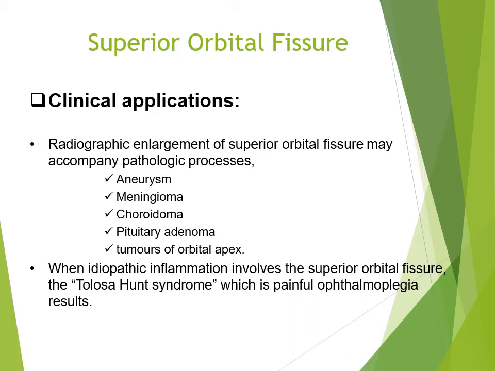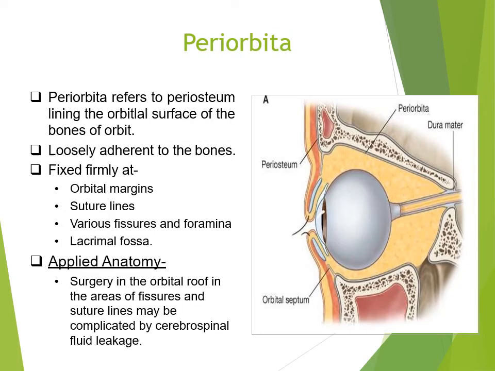Whenever there is an enlargement of this superior orbital fissure, you can think of an aneurysm, meningioma, choroidoma, pituitary adenoma, and tumors of the orbital apex, and it causes a very painful condition called Tolosa-Hunt syndrome. That is a painful ophthalmoplegia.